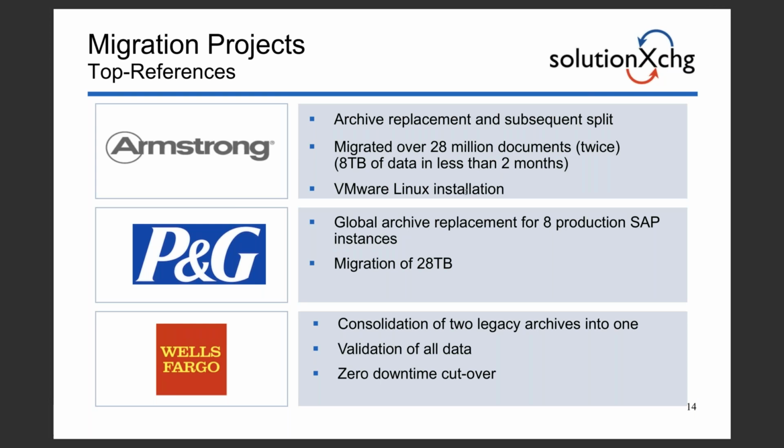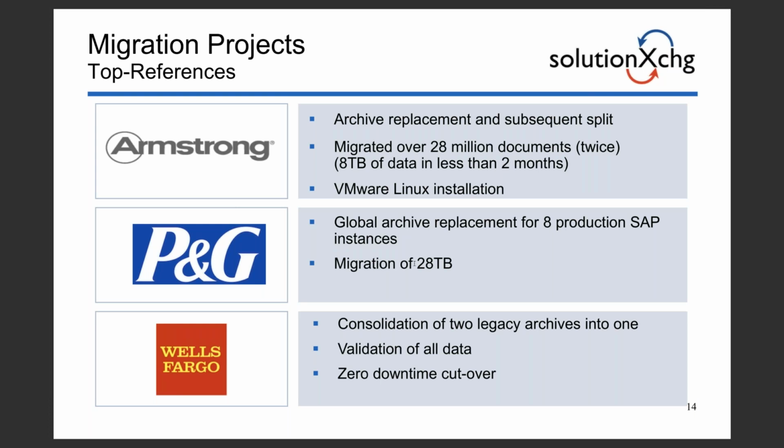Procter & Gamble, another customer we are servicing, has a global archive that it replaced for 8 production SAP instances. In this case, the migration effort itself, after setting it up with our help, was conducted by the customer.